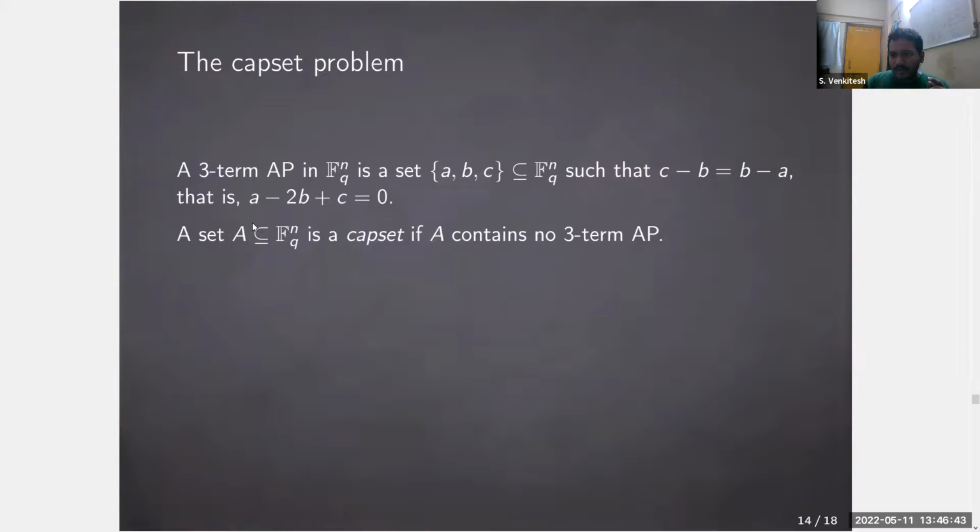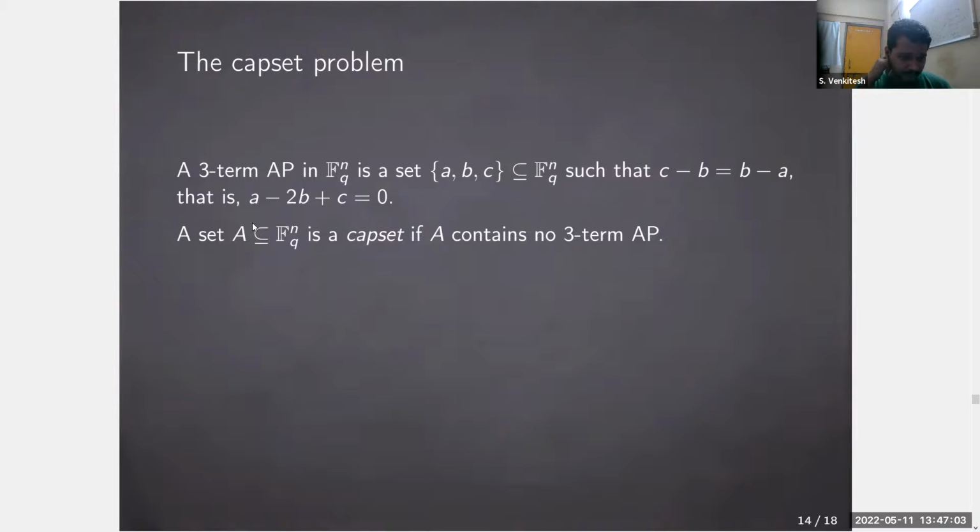It has to fall in some other direction. So it should probably look like a cap. That's the idea. So a capset, informally, is a set of points where every set of three distinct elements forms a cap. It can never be an arithmetic progression.